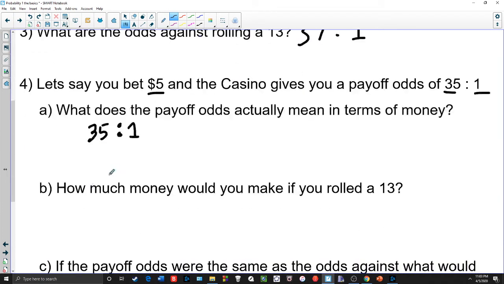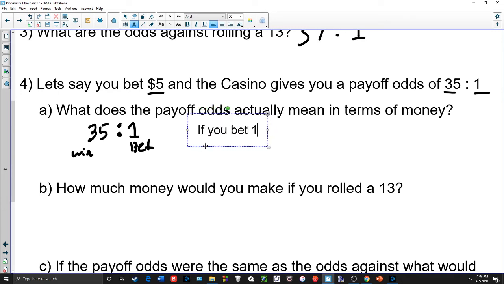So this is the winnings to the amount of money that you bet. What that means, in language terms, is if you bet $1 and win, you earn $35. Again, net. It's not that you come out with $34. You earn $35 as a net profit, not 35 minus 1.